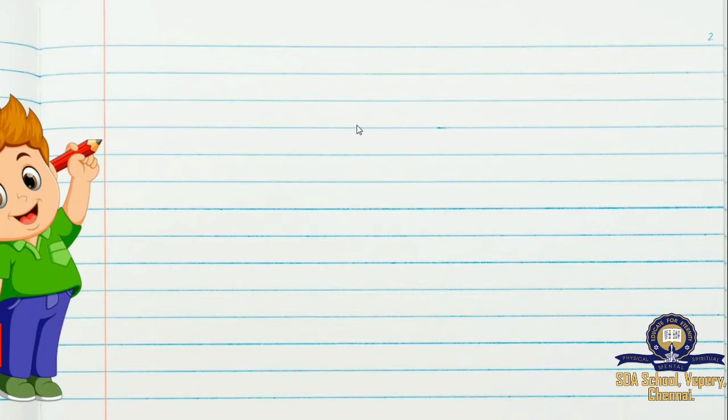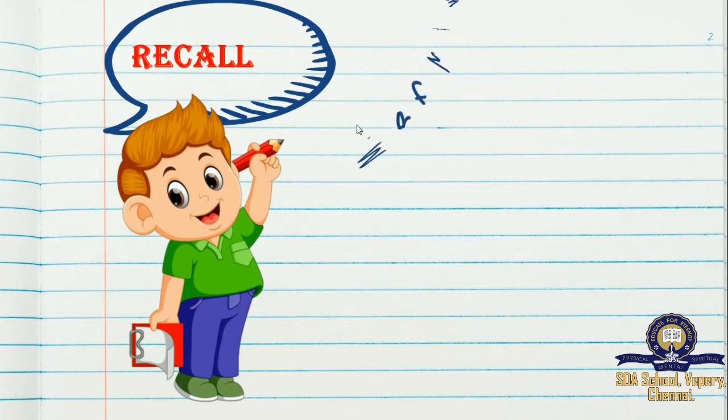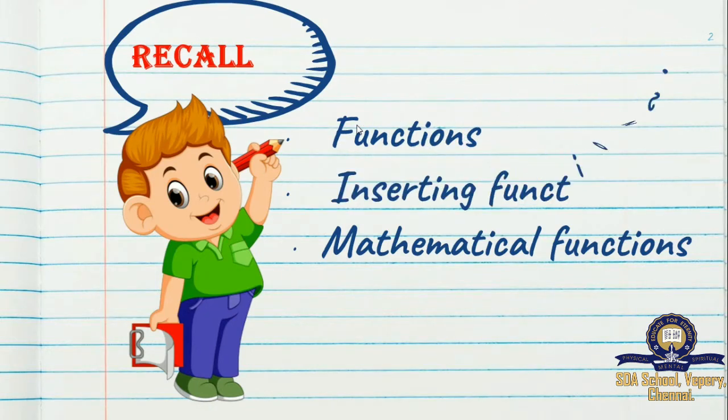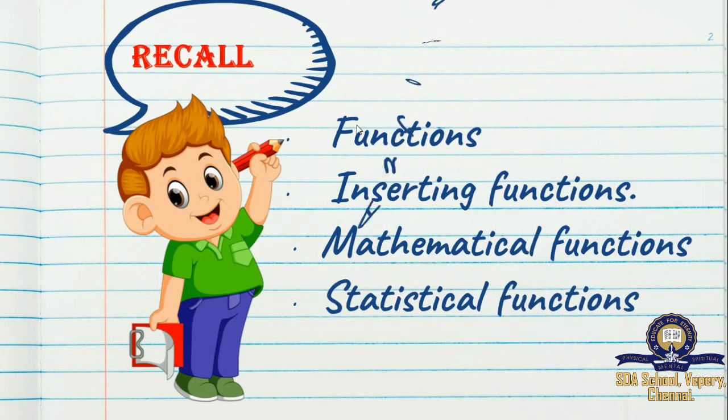Before going to that topic, let us recall the contents we discussed in the last class. First we saw what functions are and how to insert a function, and next mathematical functions, statistical functions, and auto sum.